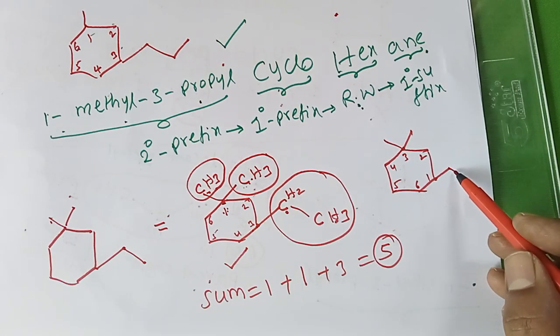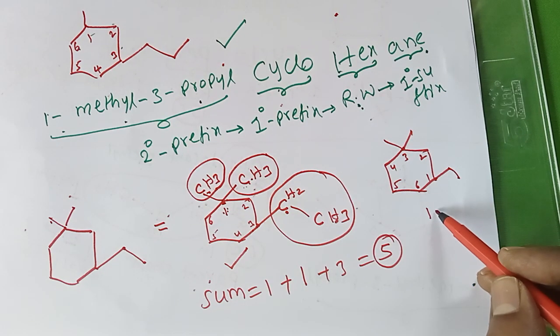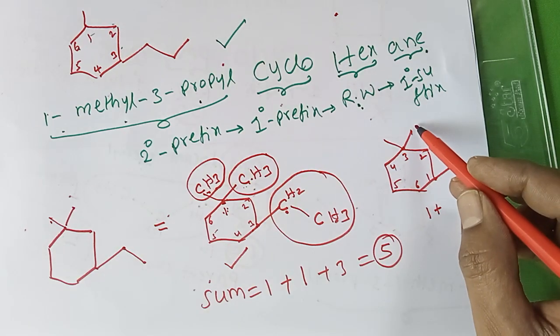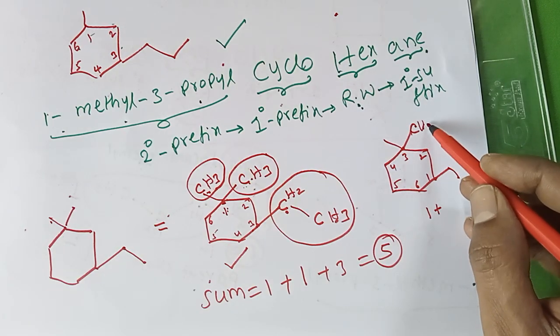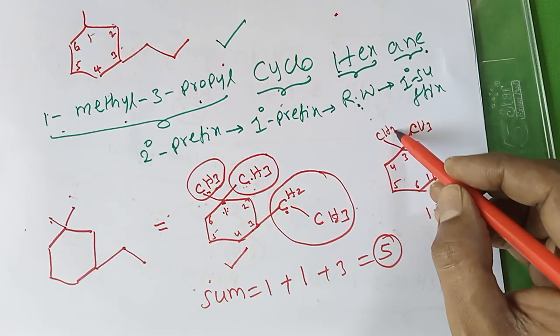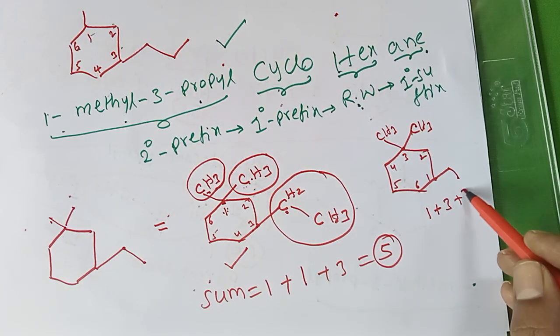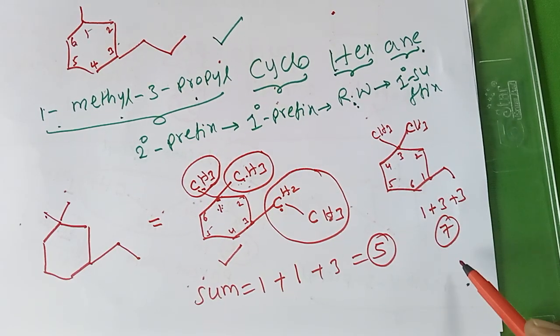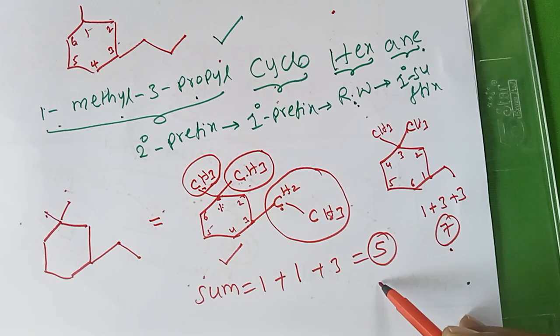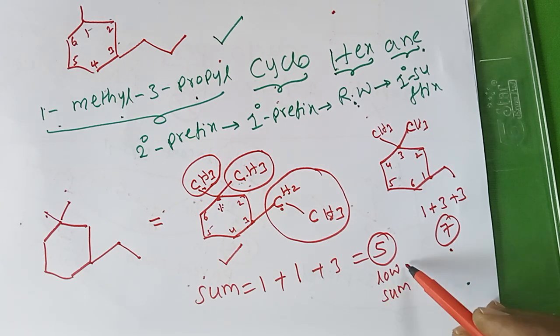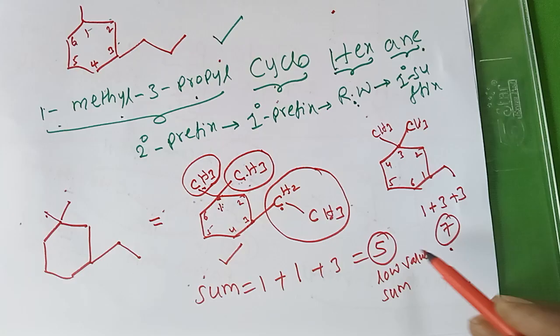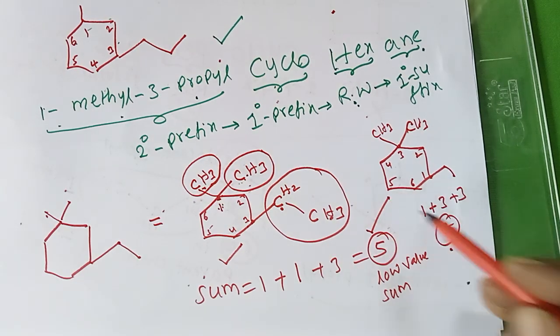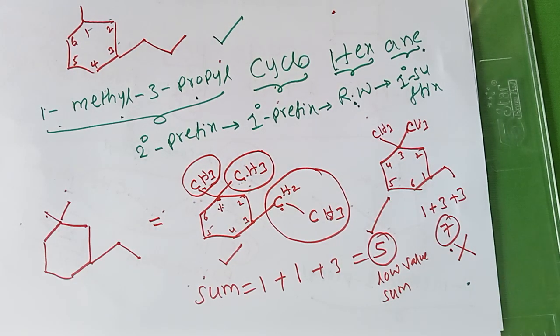This group is at which carbon? First carbon. This methyl at which carbon? Third carbon. This methyl also at the third carbon. So 1 plus 3 plus 3 is 7. This sum value is higher. The lowest sum is the right one, so this is right, this is wrong.